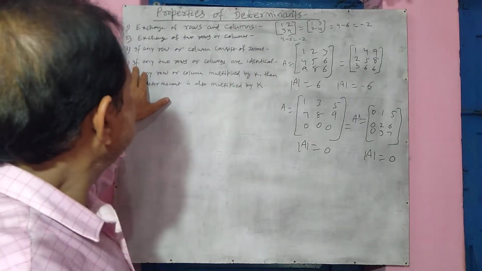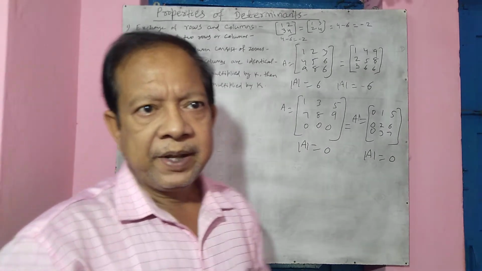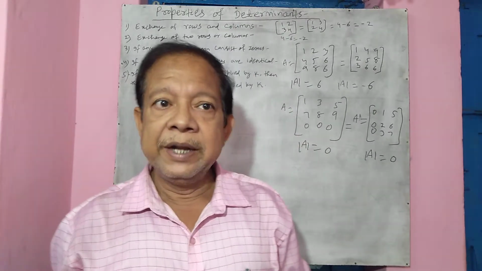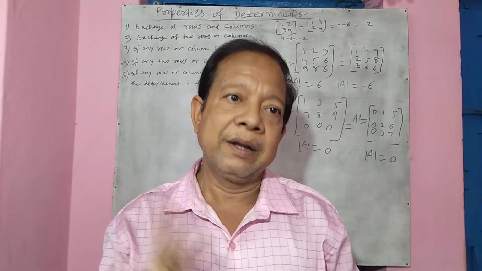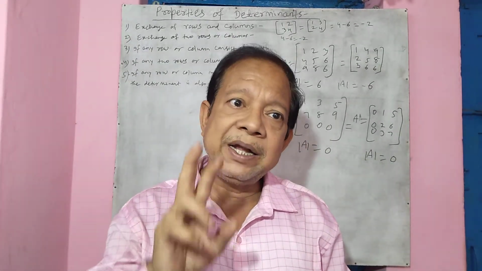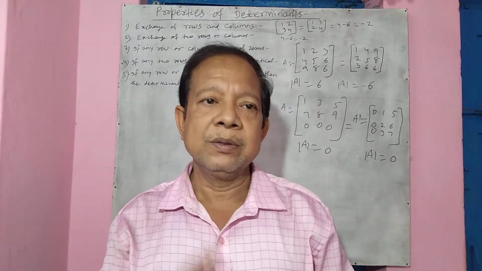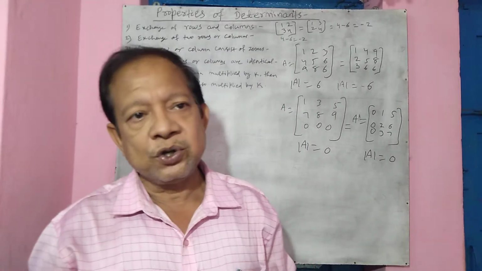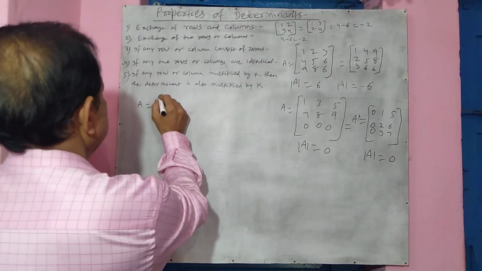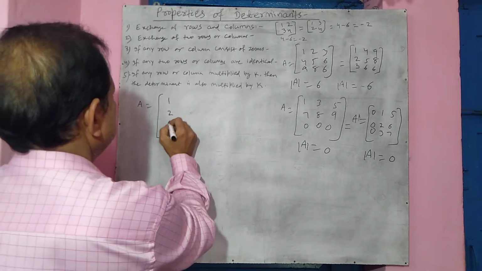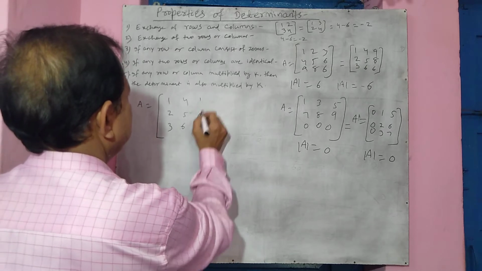Coming to the fourth one, if any two rows or columns are identical. It may so happen that in a matrix, two rows or two columns are identical, that is, they have similar elements. Take the example 1, 2, 3, 4, 5, 6, 1, 2, 3.